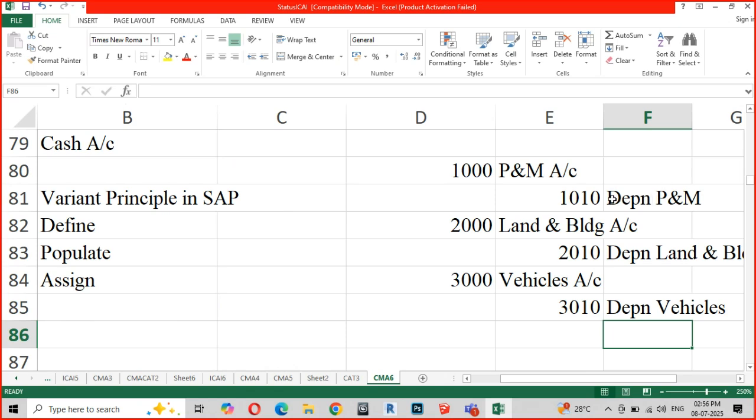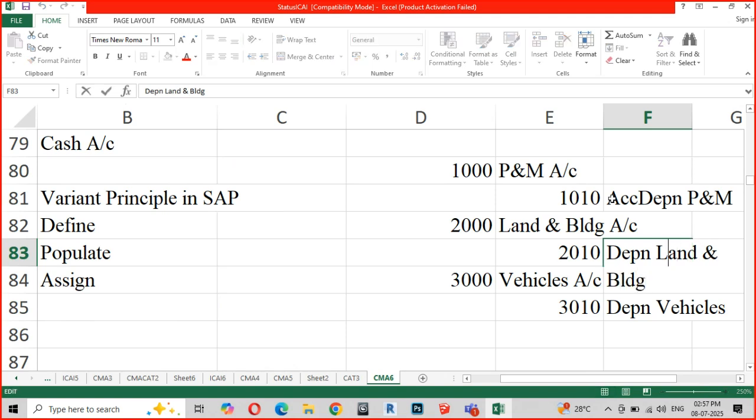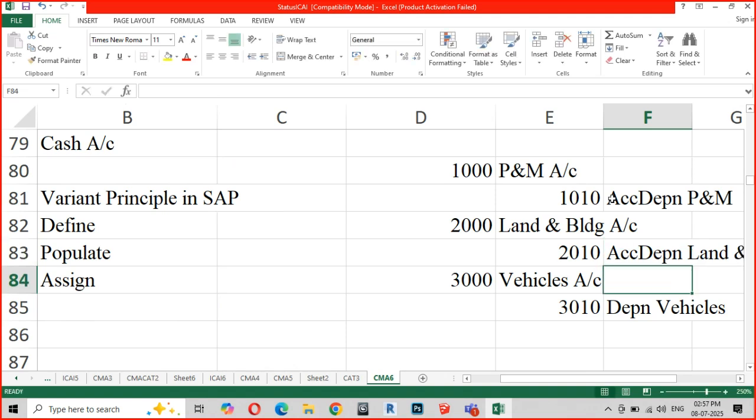Now let me also add accumulated depreciation.